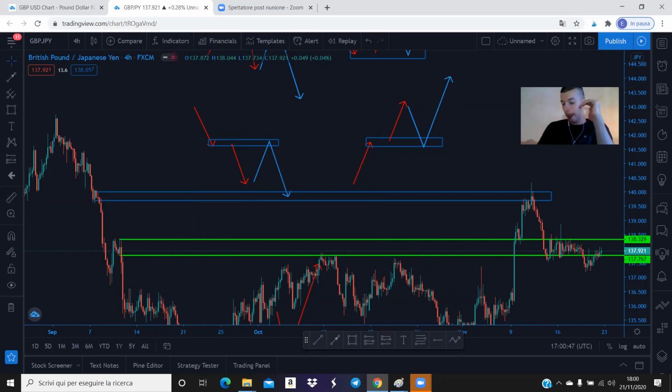Okay, so next we have two things: the Fibonacci, how to combine this strategy with the Fibonaccis, and how to enter at our golden zones. Even before that, we have how to place stop loss and take profit, which I talked about earlier.